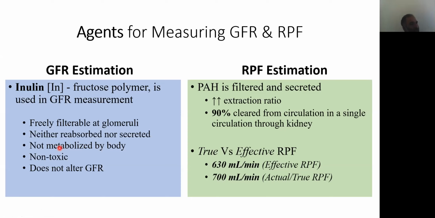There will be no other thing occurring on this substance. It's not toxic, and it does not alter GFR in any way, which can give you a falsely elevated value of the GFR, or a falsely lower value of the GFR. So it doesn't alter the GFR itself.